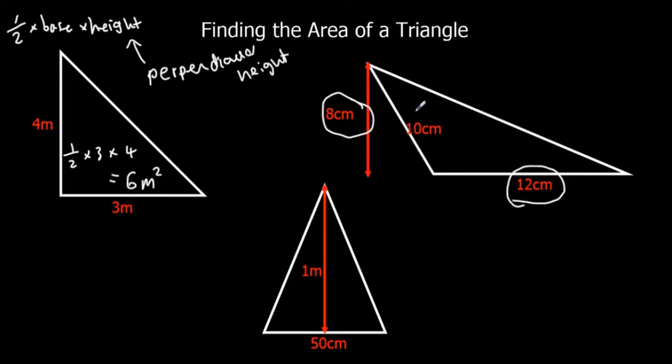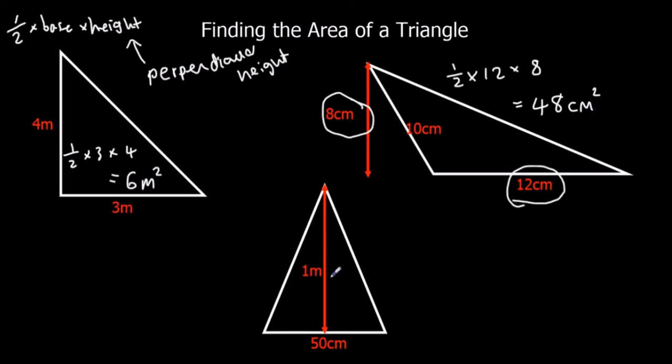We don't need it in the question. So half times base times height. So half times 12 times 8. In this case, I think half times 12 first is easier. So that's 6, and then 6 eights, that's 48, and this is centimeters squared. Remember, the units when we're doing area is always in squares. We measure area in squares.